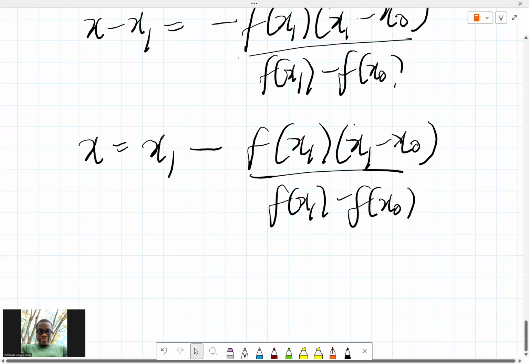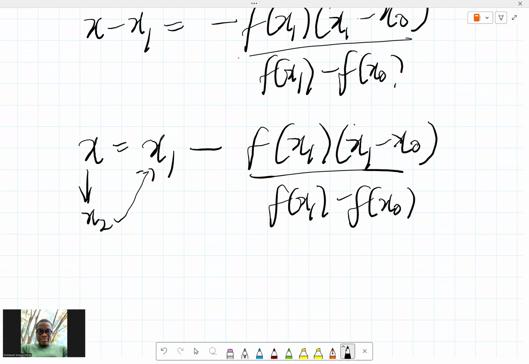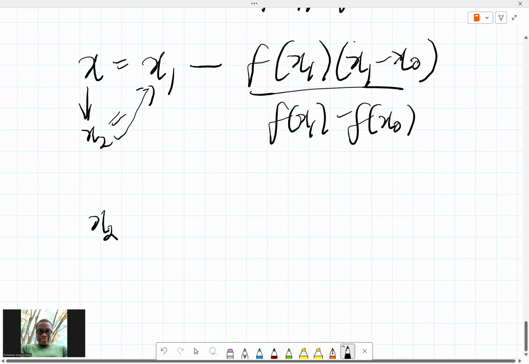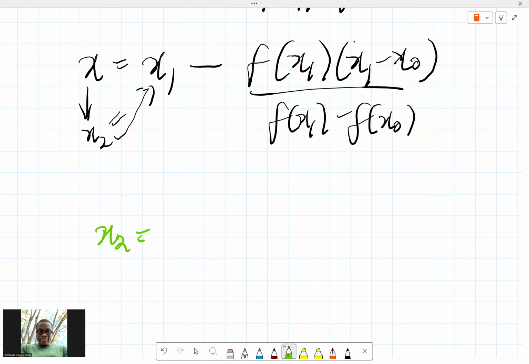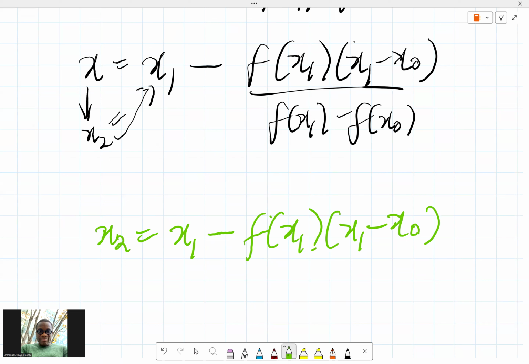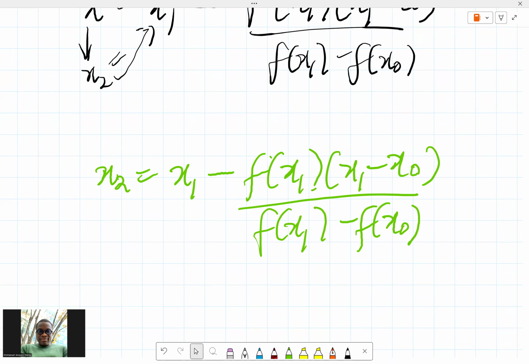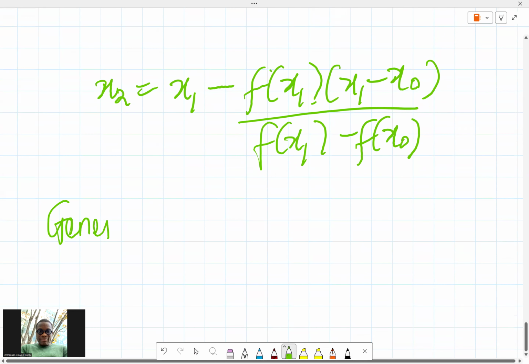Now we can take it that this x here is the next x, which is x2. I want to color code at this point. So x2 equals x1 minus f of x1 into x1 minus x naught all over f of x1 minus f of x naught.